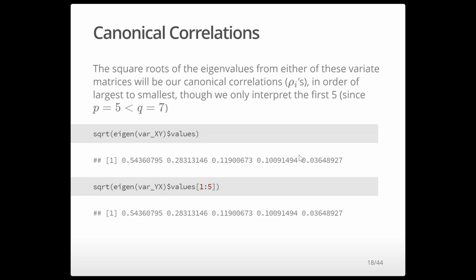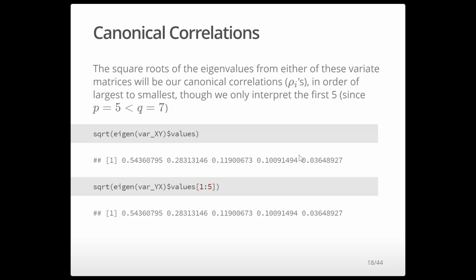So for the variate matrix for Y on X, we'll actually have 7 values, but the last 2 will basically just be super close to 0. They might have a little bit of a rounding error that makes them not quite 0, but in theory they're just 0. So we're just going to ignore them.